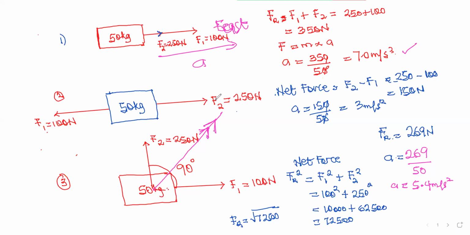Bodies always accelerate in the direction of the larger force. So when you subtract, the net force will be 150, but the acceleration will take the direction of the larger force involved, so it will also act due right.